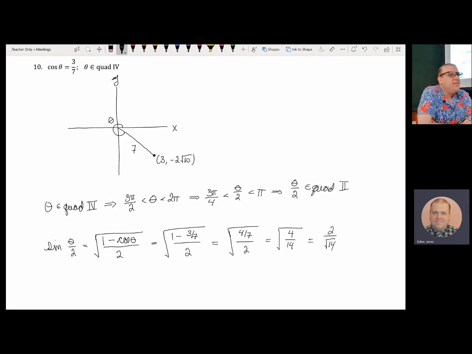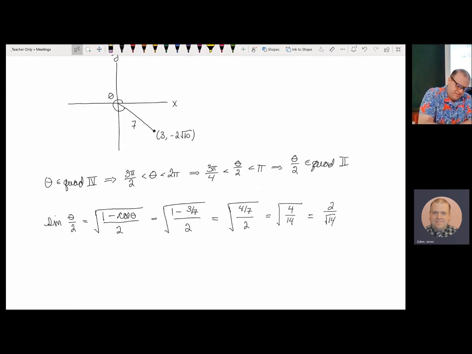Do over √14 for sine of θ/2, right? Cosine of θ/2.